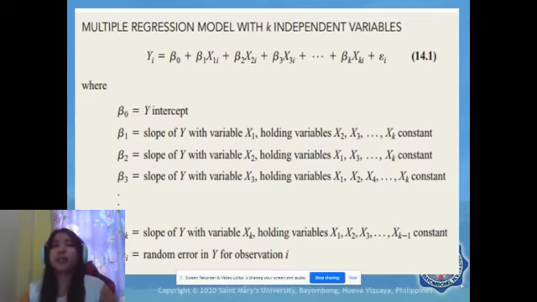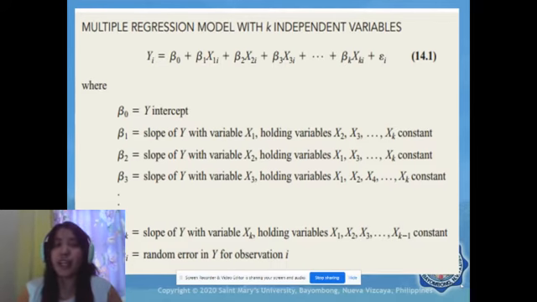And what is the multiple regression model with k independent variables? So this is the formula. We have y sub i is equal to beta sub 0 plus beta sub 1 x sub 1i plus beta sub 2 x sub 2i plus beta sub 3 x sub 3i, and so on until the last variable, beta sub k x sub ki.